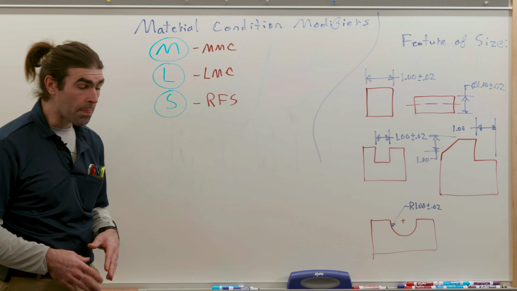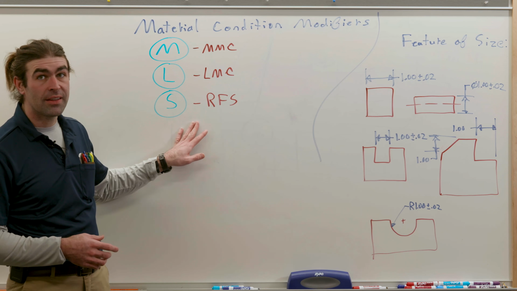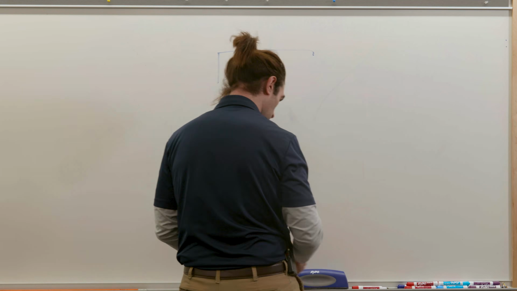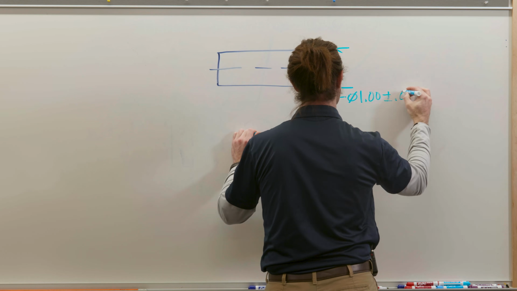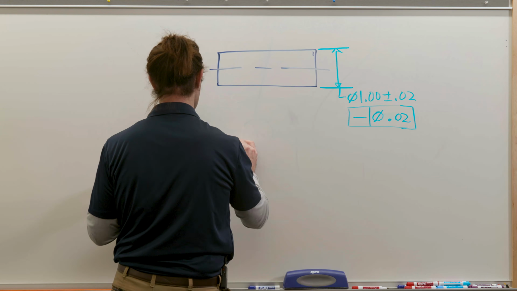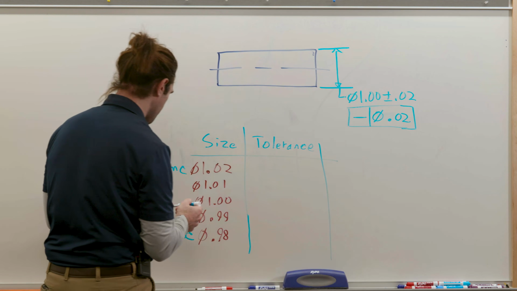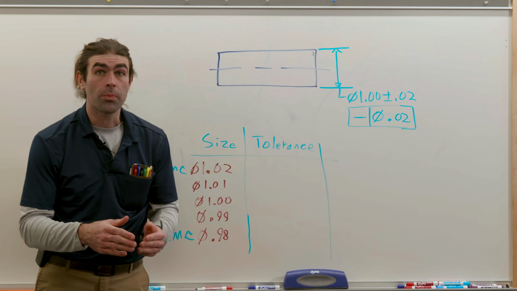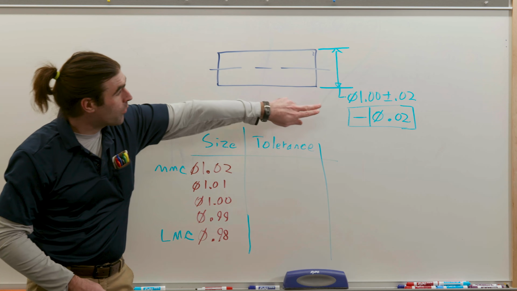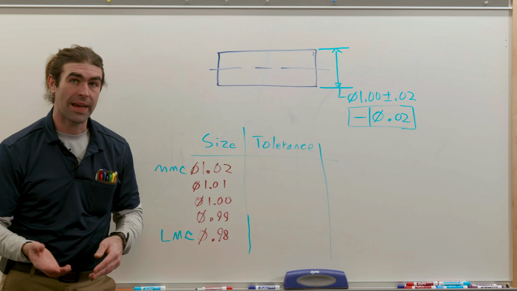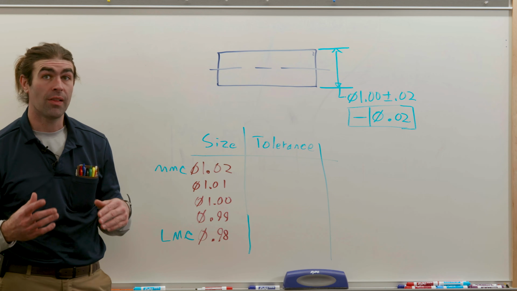Now, let's talk a little bit about what these symbols do in practice. So, I've got a pin with a size dimension and a straightness tolerance applied to the derived median line.